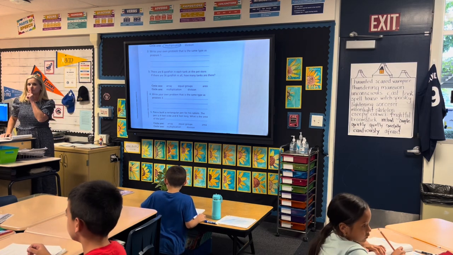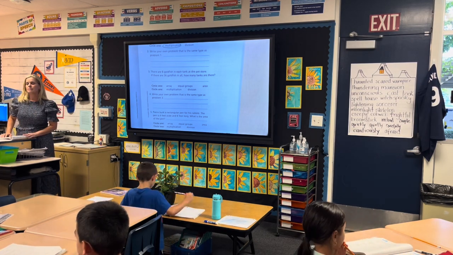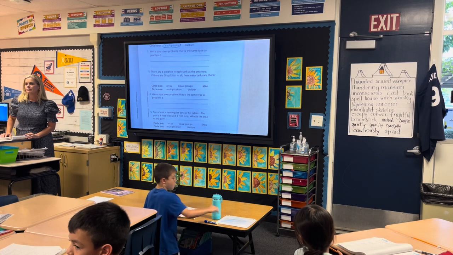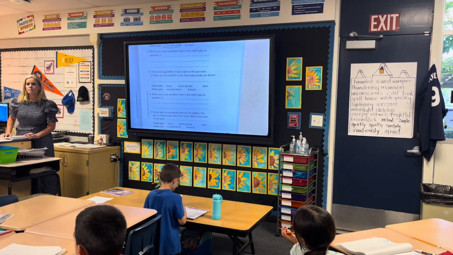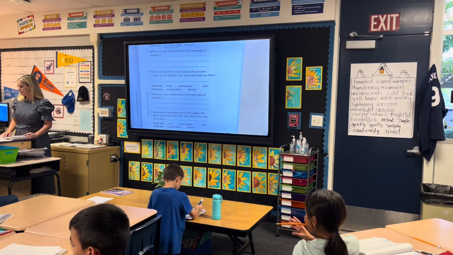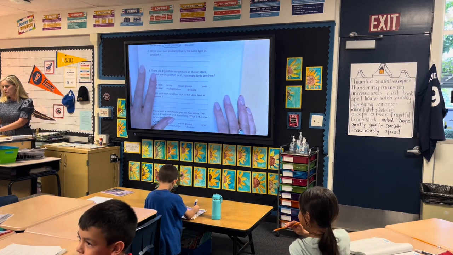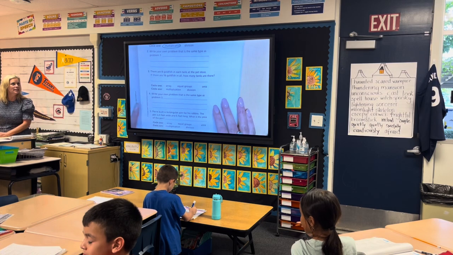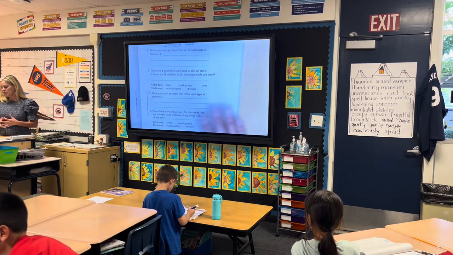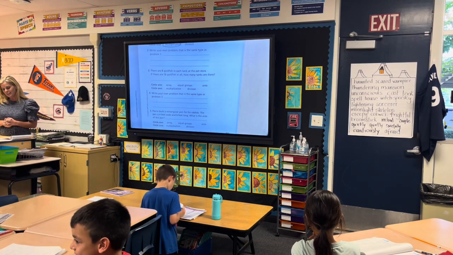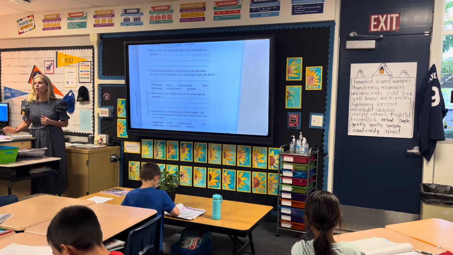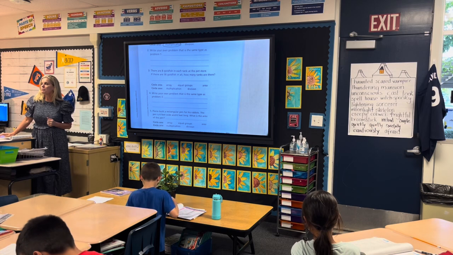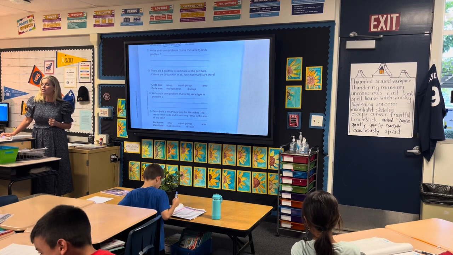Is it your turn or is it my turn? So there are 8 goldfish in each tank at the pet store. If there are 56 goldfish in all, how many tanks are there? What kind of problem do we need to do here? Is this going to be multiplication or division?